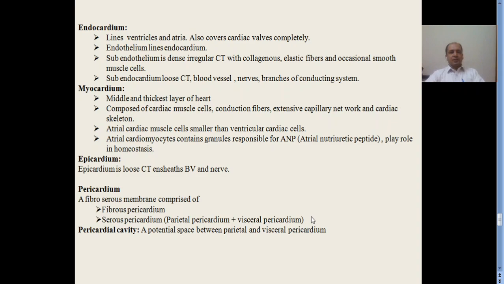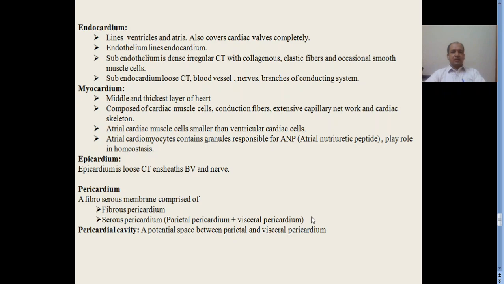Starting from the endocardium, it is the innermost layer that covers the inner side of the heart, atrium, ventricle, and different valves. These are formed basically by simple squamous epithelium cells, also called endothelium.